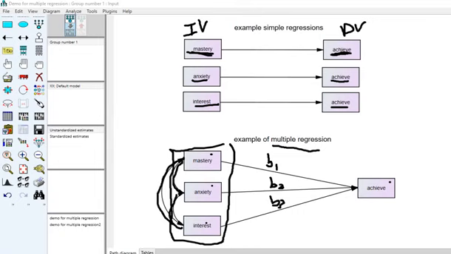One of the downsides of running a set of simple regressions instead of a multiple regression is that the regression coefficients computed in each of these cases are likely to be biased because the independent variables are likely to exhibit at least some level of non-zero correlation.